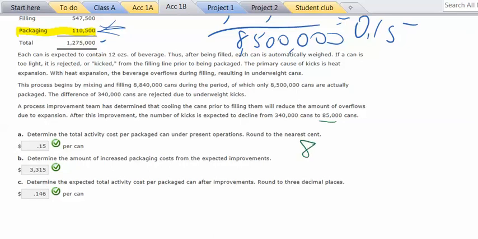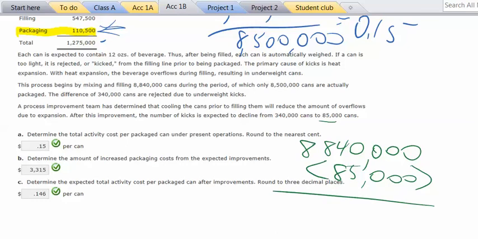So if we take 8,840,000 and subtract the 85,000 cans, the kicks, I'll have 8,755,000 cans.